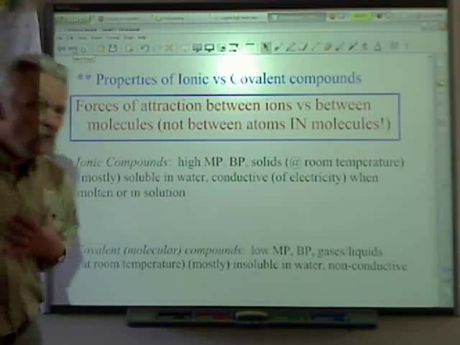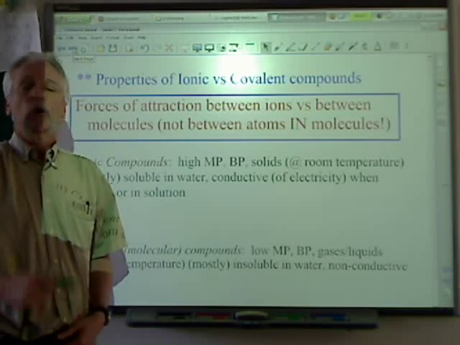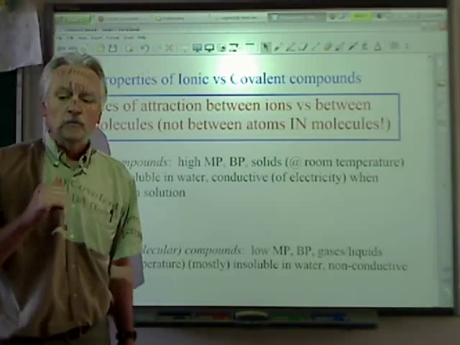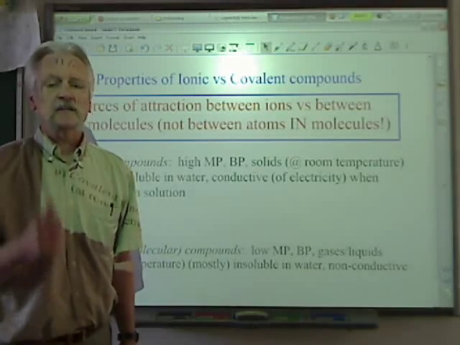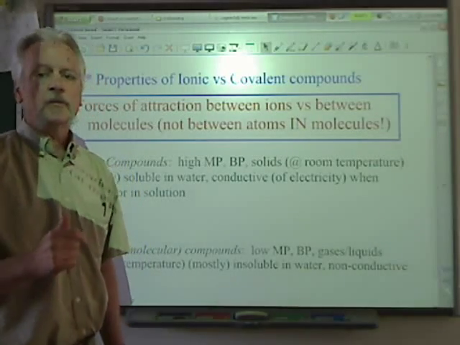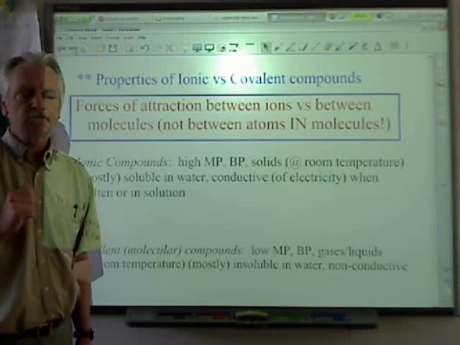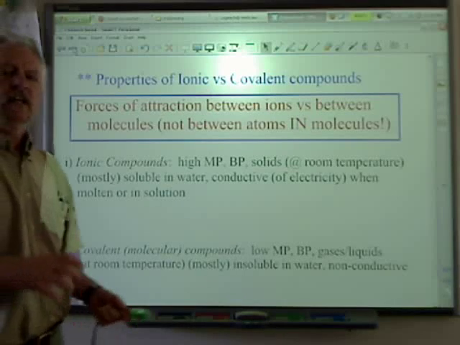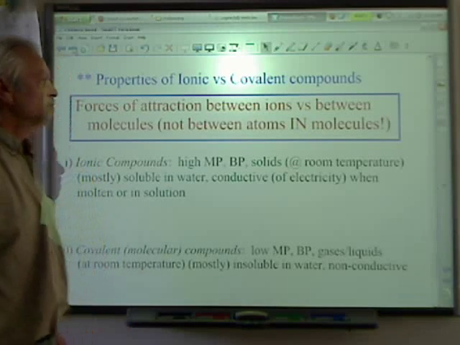What's the big deal, you want to know? Well, no other distinction has such a remarkable effect on the physical properties of the substances. And it has to do with the nature of the forces holding the substance together.